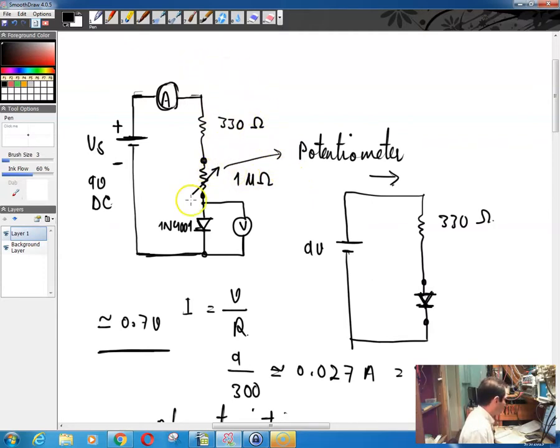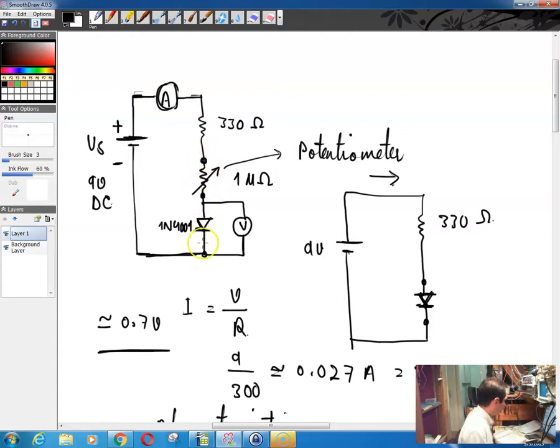And you need a potentiometer here, which is nothing but a variable resistor. There is a knob on your potentiometer, you can turn it, and then the resistance simply changes on the two leads over here.